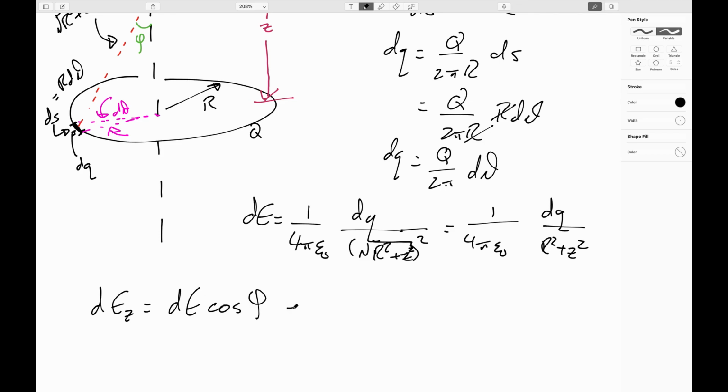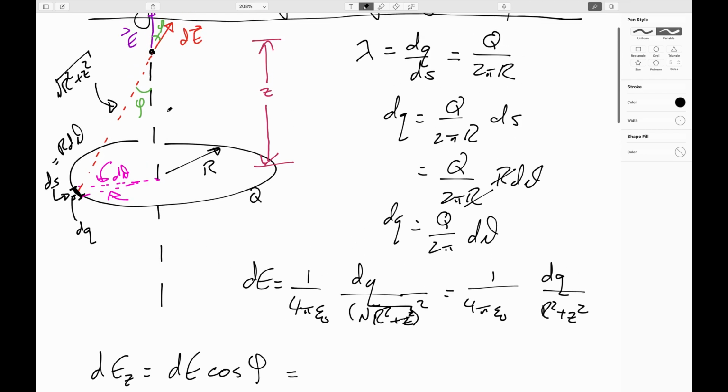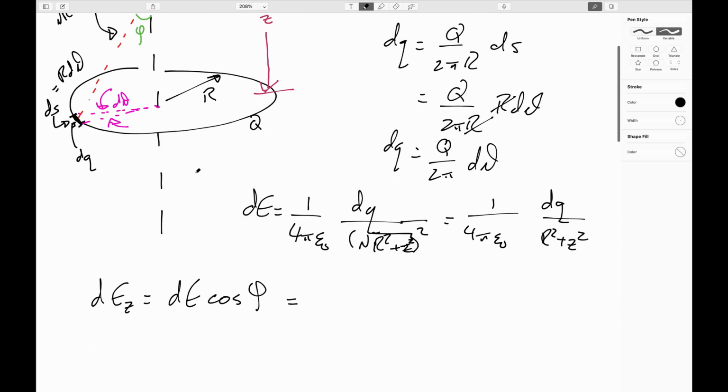And again, we're going to play the same game where we can use the physical triangle here to work out what cosine phi is. So cosine, remember, is adjacent, which is z, over the hypotenuse, that square root. So this will be dE times z over the square root of r squared plus z squared.